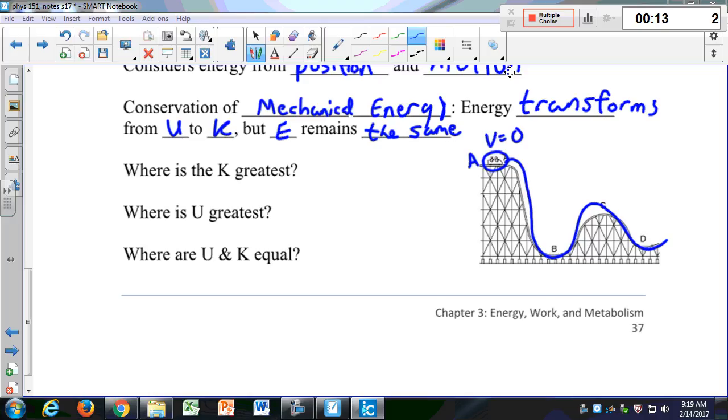A, B, C, D, or are they all the same? So you can choose A, B, C, D, or E, all the same. And we'll use those options for the next two questions as well. Where is the kinetic energy the greatest?